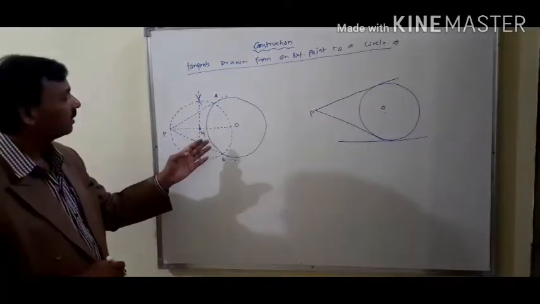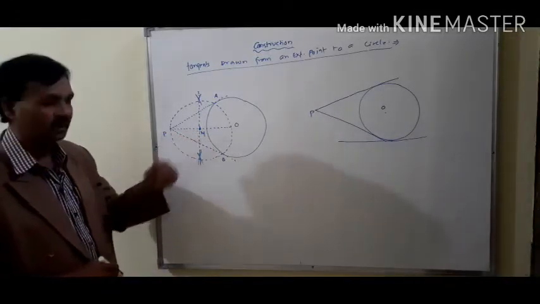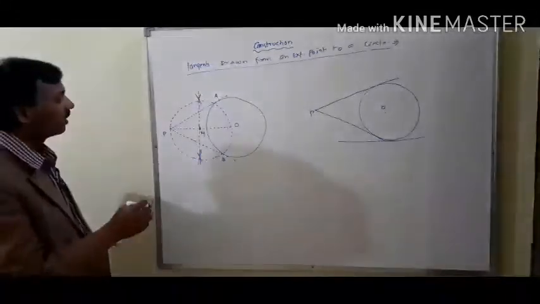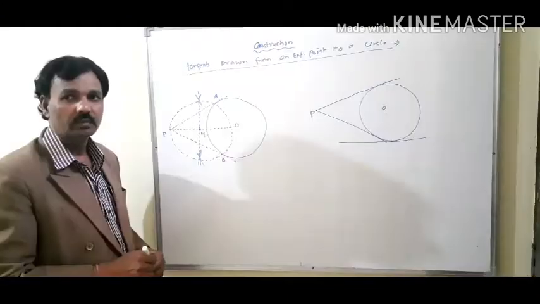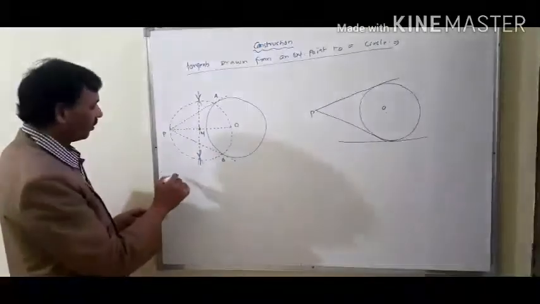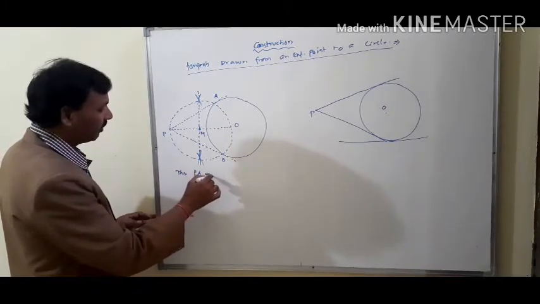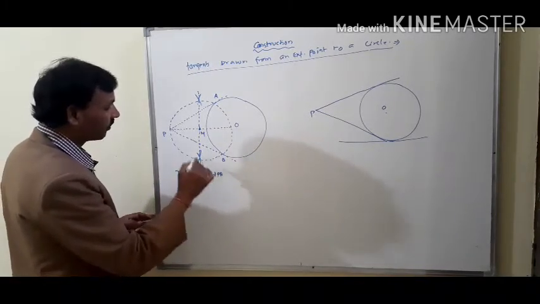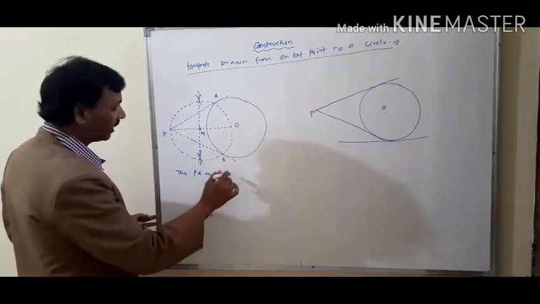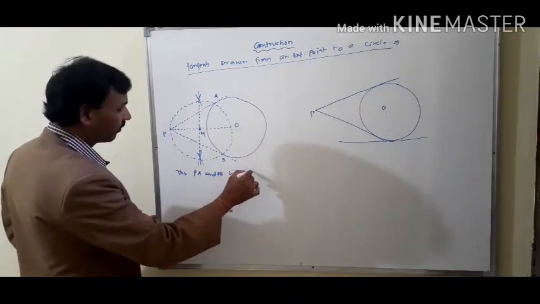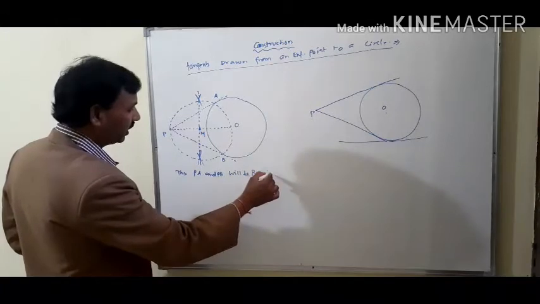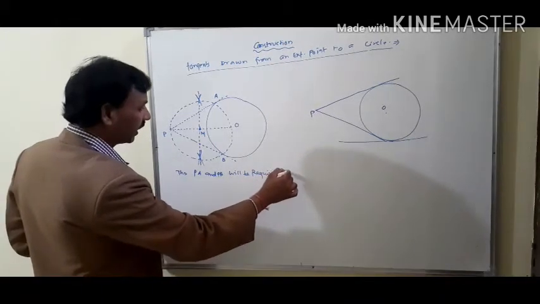The construction has finished. Thus PA and PB will be the required tangents.